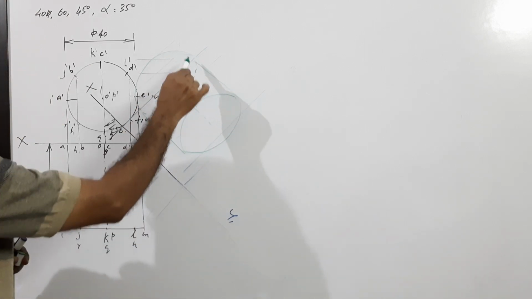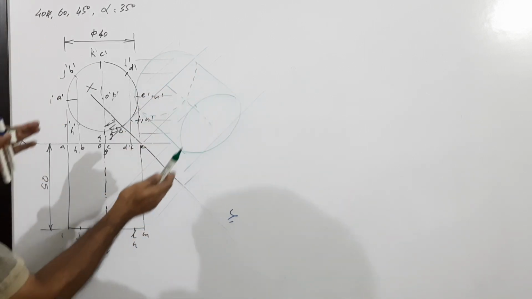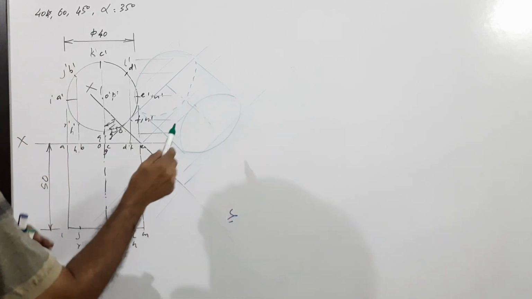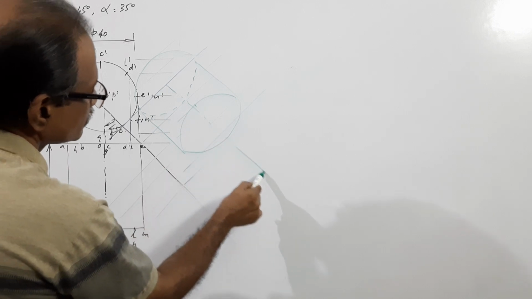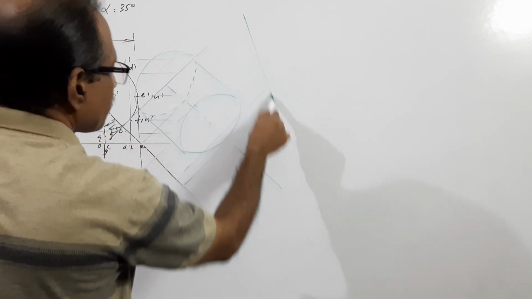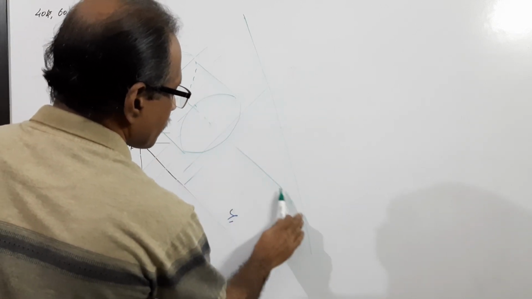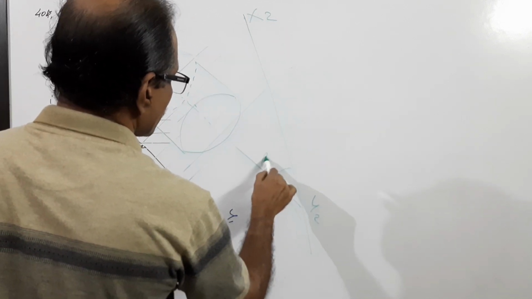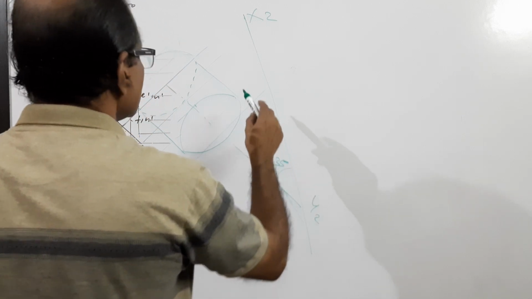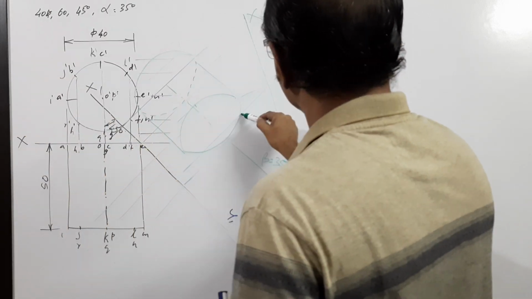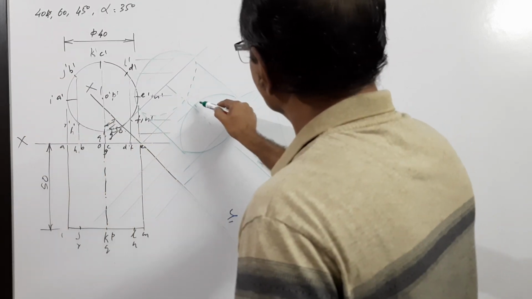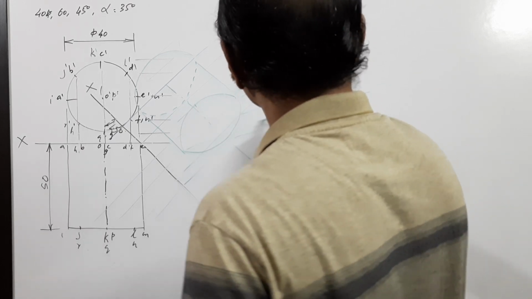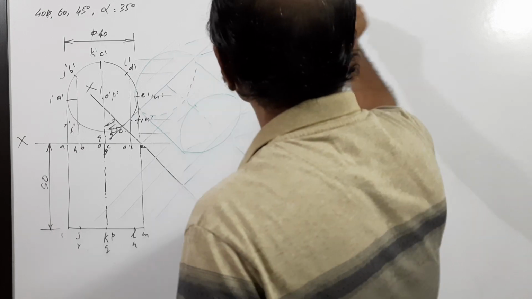Half of the ellipse will be base, that will be invisible. The top ellipse will be visible. Now extend this. Draw x2, y2. Beta equals 35 degrees. Draw projectors from all these points.